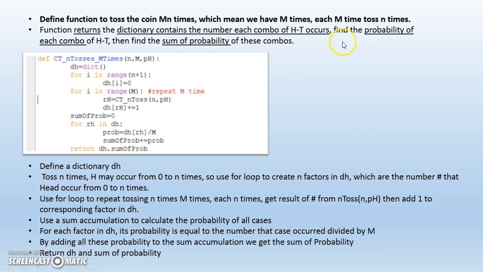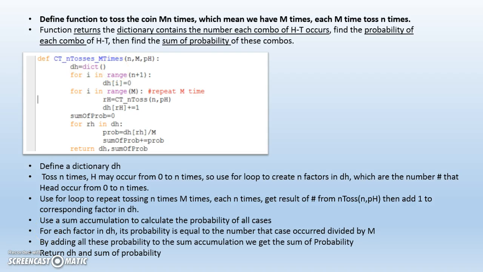After that, we will find the probability of each combo of head and tail, and then finally find the sum of all these probabilities. The first thing we do is define a dictionary dh. This is the command to define a dictionary.